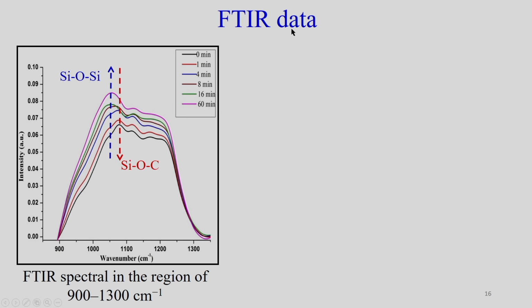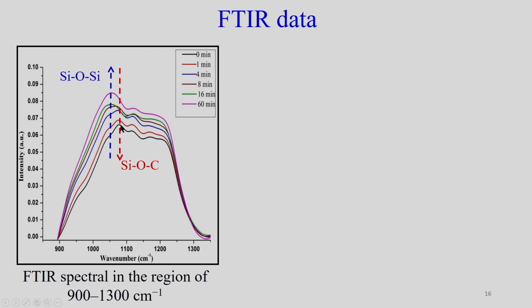So, here I am presenting the FTIR spectroscopy. As we discussed, there should be formation of new Si-O bonds. You just see the peak intensity in the FTIR is increasing, which corresponds to Si-O-Si, around 1045.